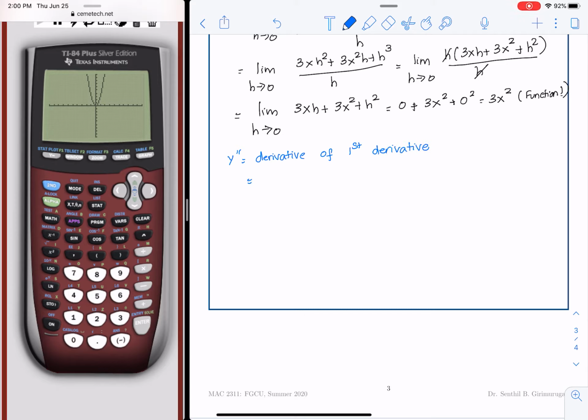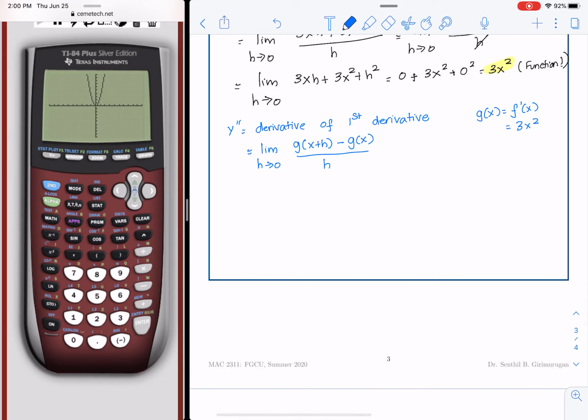So we have to treat 3x squared as our function now. Let me call g of x the first derivative of the function, 3x squared. So the second derivative is the limit as h approaches 0 of g of x plus h minus g of x, divided by h.